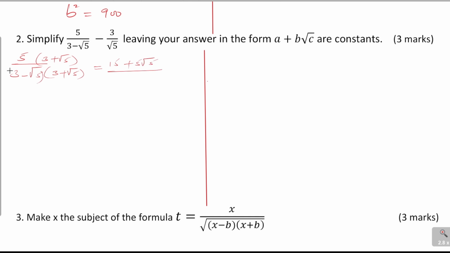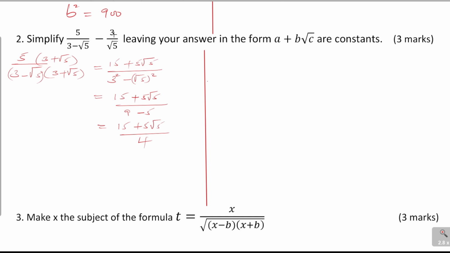Then for the denominator, this is difference of two squares. 3 minus root 5 multiplied by 3 plus root 5, that is difference of two squares, and it will simplify to 3 squared minus root of 5 squared, which gives 9 subtract 5. You get 15 plus 5 root 5 divided by 4. So that is what you get for that.